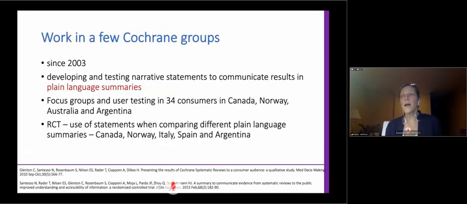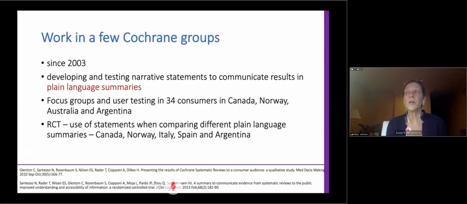So there was a lot of work in quite a few groups in Cochrane, started way back in the early 2000s. The funny thing was, I went to a meeting, a Cochrane Colloquium meeting, and a lot of people were talking about it, doing little presentations about it. So many of us got together and said, okay, listen, we're all struggling with this, how to communicate the results of our reviews.